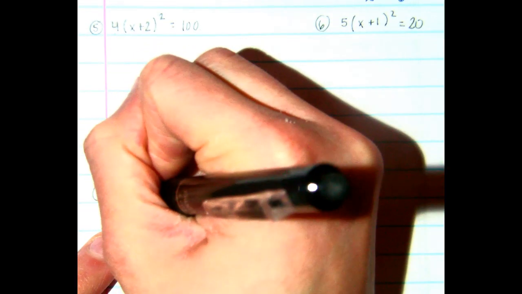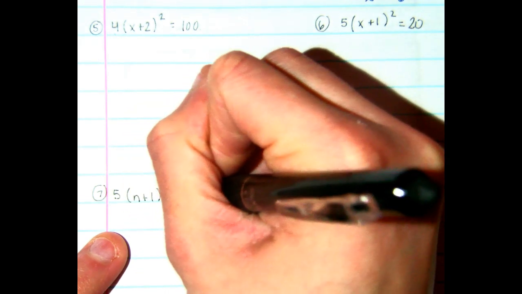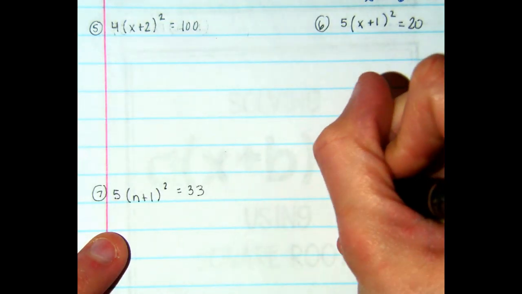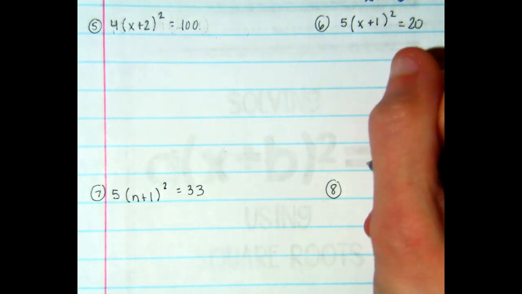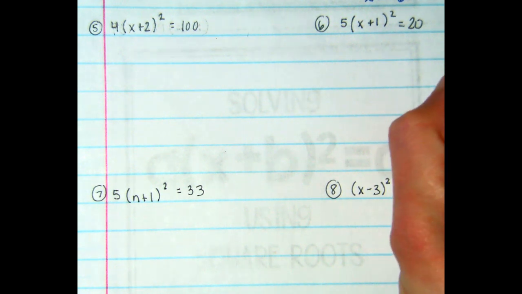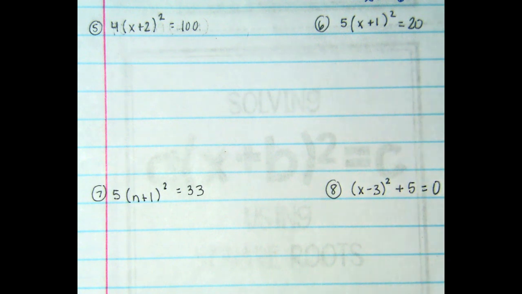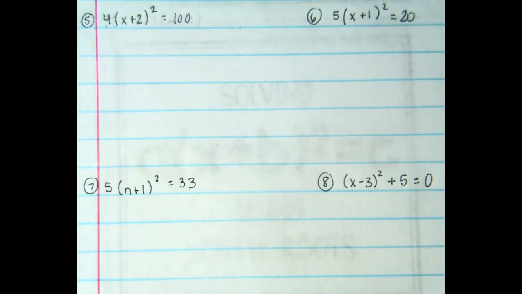And then number 7 is 5 parentheses n plus 1 squared equals 33. And number 8, x minus 3 squared plus 5 equals 0. So there are your 4 problems. I'm going to set a timer for you to do all of them.